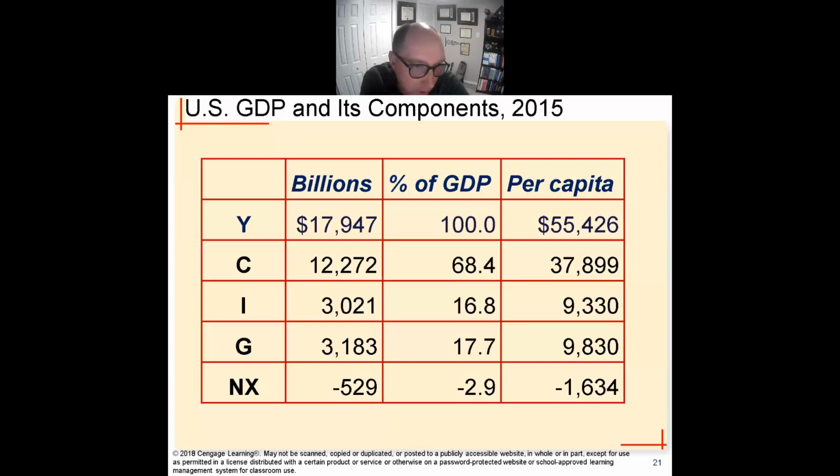How did we get it? 12.272 came from consumer spending, plus investment of $3.021 billion, plus government spending of $3.183 billion, minus, normally a plus, but remember, I said net exports could be negative, so minus $529 million, equals $17.947 billion.